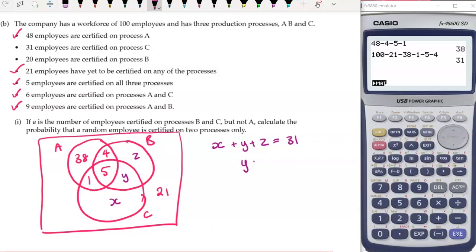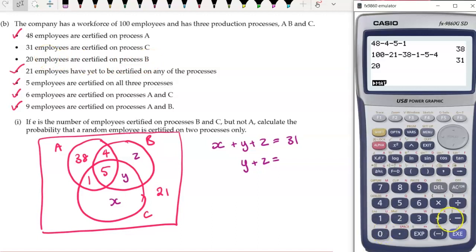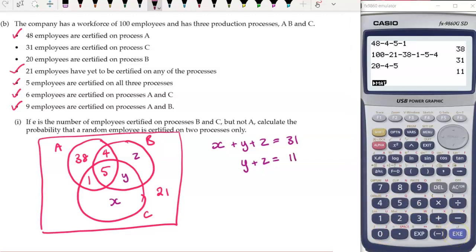Now we can work out Y and Z using what we've got about process B. So B's circle has to add up to 20. So if we do 20, take off the 4 and the 5 that we've already got there, then those have to add to 11. So if we pop Y and Z being 11 back into the top line that we had, this means X plus 11 makes 31.